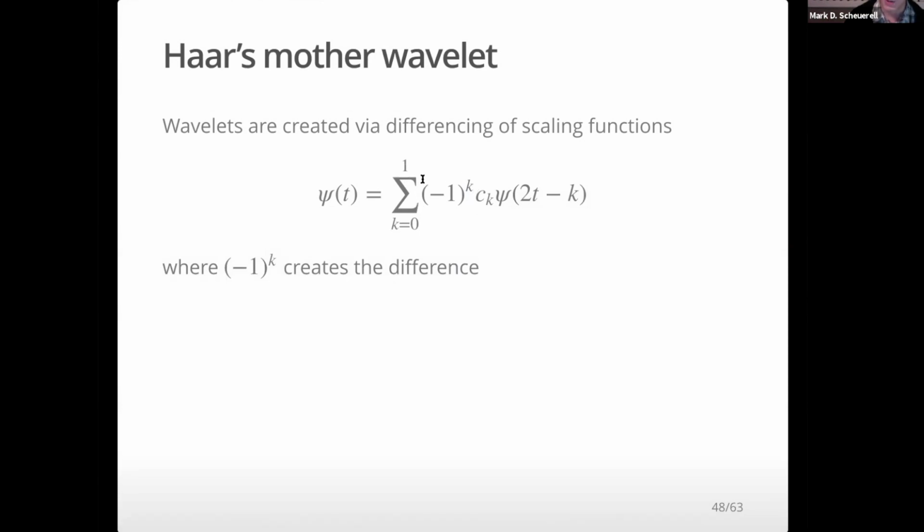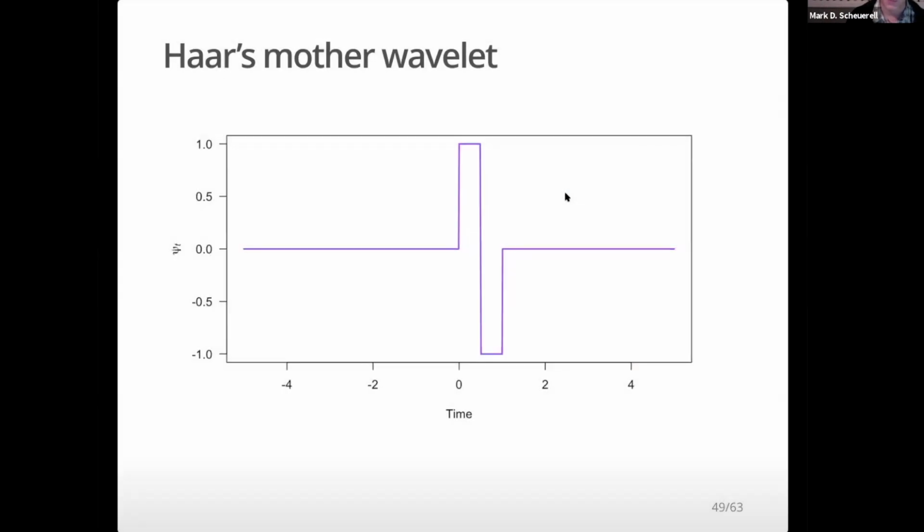So when k is 0, this is going to be 1. When k is 1, it's going to be -1. When k is 2, it'll be 1. So it's just going to flip-flop, right? -1, 1, -1, 1, -1, 1. And then we can march this thing through the time series. So that's going to do something like this. So that's what the mother wavelet looks like.